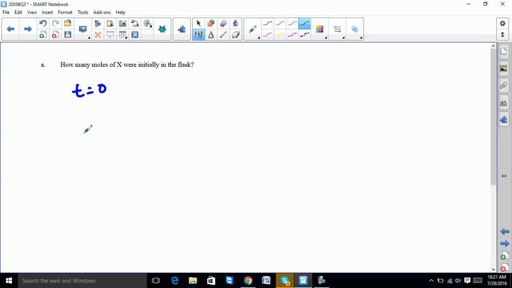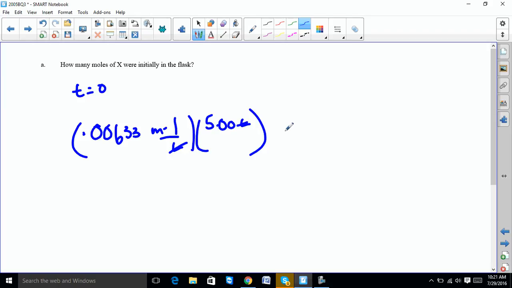So basically we got 0.00633 moles per liter times 5 liters, that's given. Liters cancels with liters.